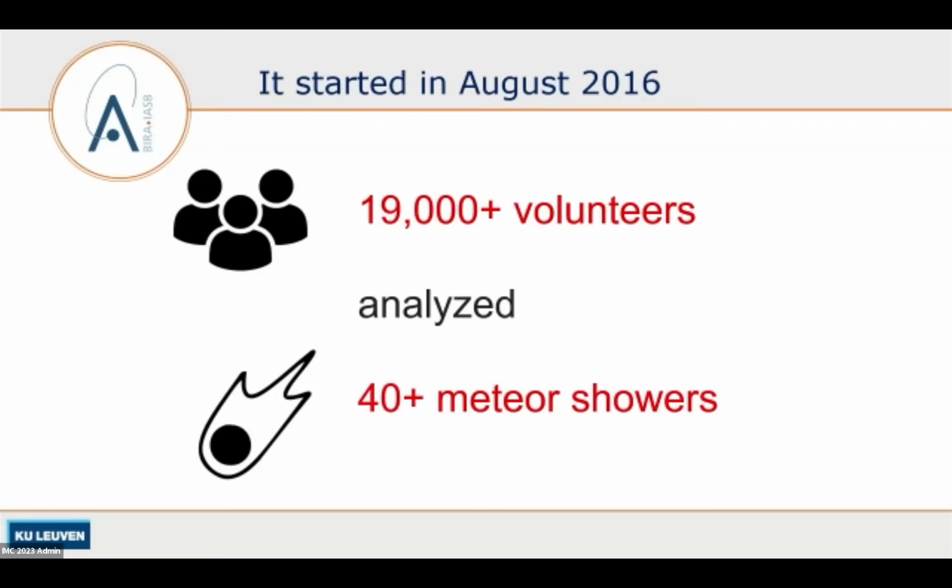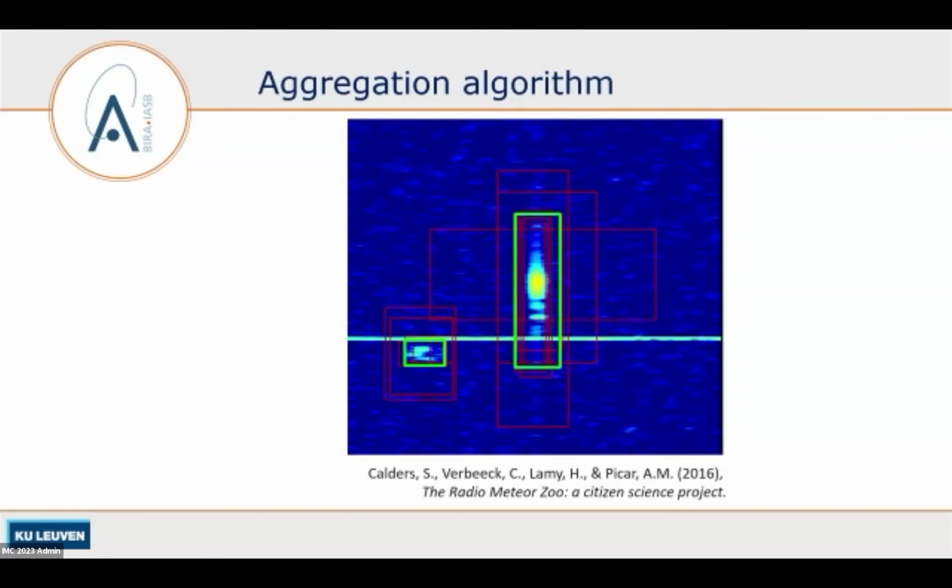Since then, more than 19,000 registered volunteers have helped us analyze more than 40 different meteor showers. To ensure a high level of accuracy, we don't ask one volunteer to analyze a given spectrogram, but we ask 10 different volunteers.